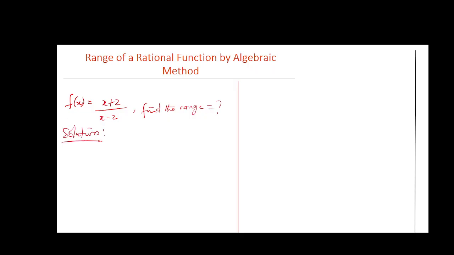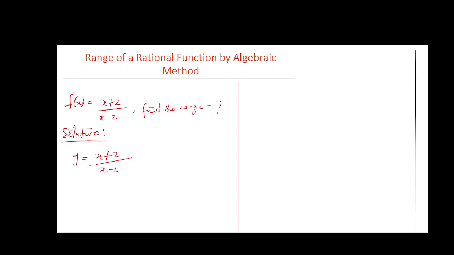Solution. So let's start by solving the function in terms of y. We have that our y will be equal to x plus 2 all over x minus 2.